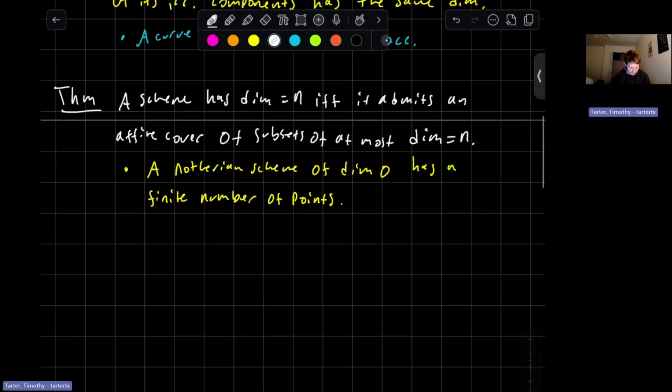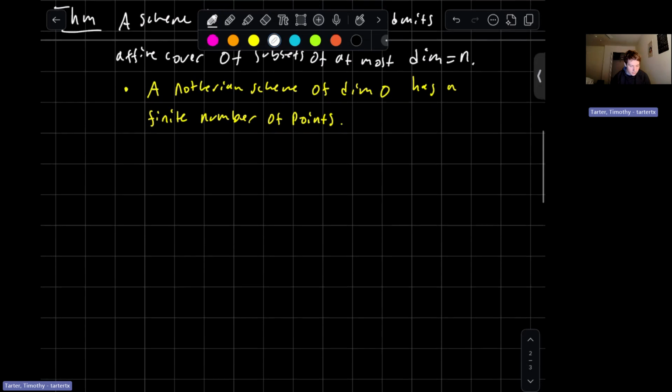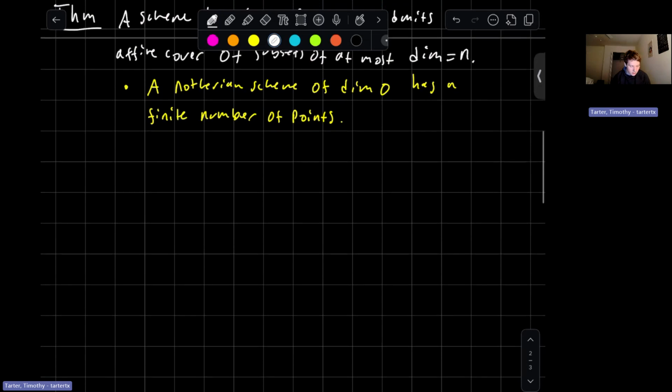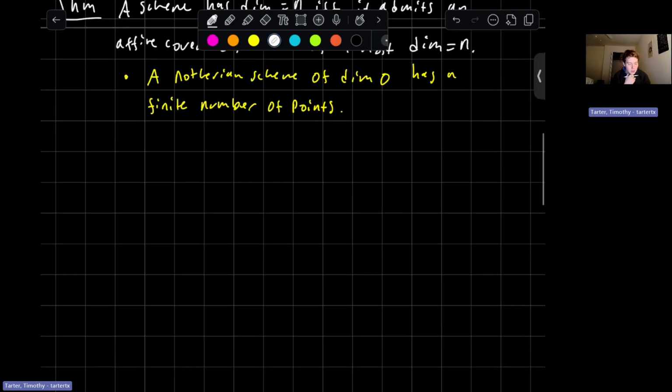So that's kind of like our motivating example. Let's see. This is fibers of integral morphisms, so that every non-empty fiber has dimension 0.